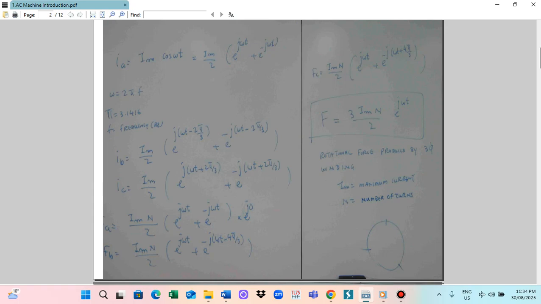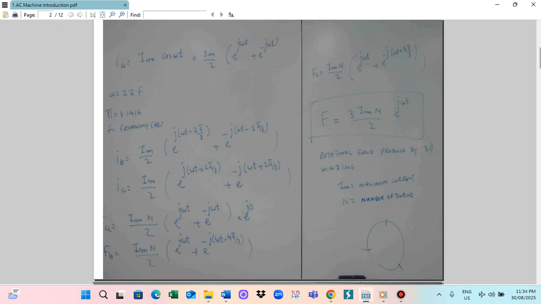Omega you can calculate as 2 pi multiplied by f, where pi is 3.1416 and f is the frequency. So IA is I maximum cos omega t.